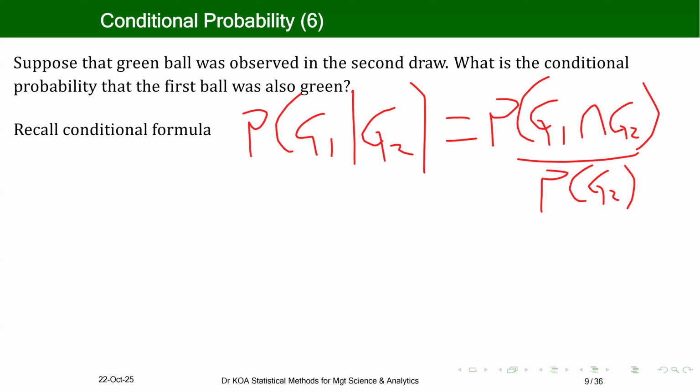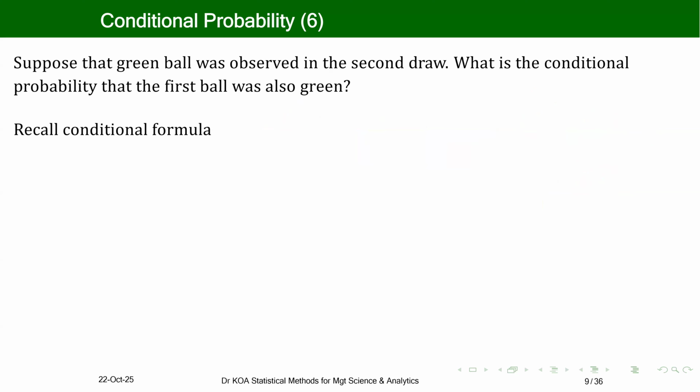Respectfully, can you repeat what you said? I'm saying that the probability of gene 1, gene 2 is the same as the probability of gene 2, gene 1. But the arrangement is different, because the probability of gene 1, gene 2 is the probability of gene 1 multiplied by the probability of gene 2 given gene 1.